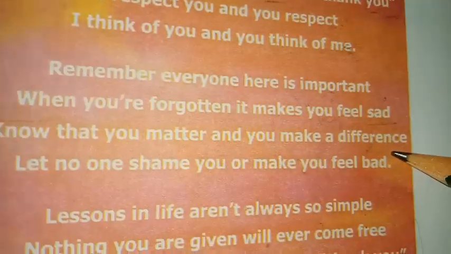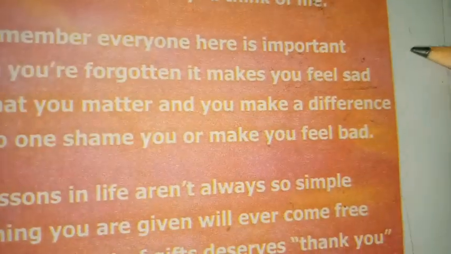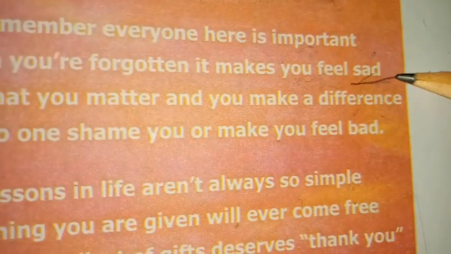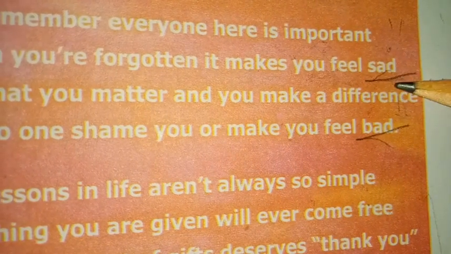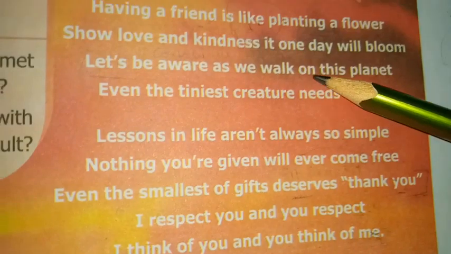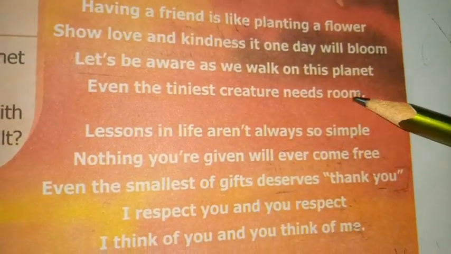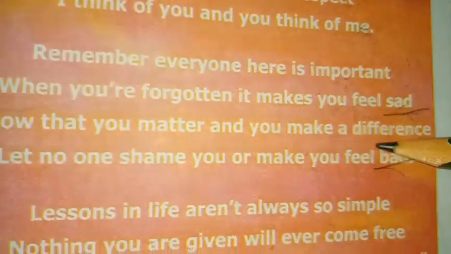Here in the third stanza, you can see the words sad and bad. Yes, these two are the rhyming words. Now in this poem we have two sets of rhyming words. That is, in the first stanza we have bloom and room, and in the third stanza, sad and bad.